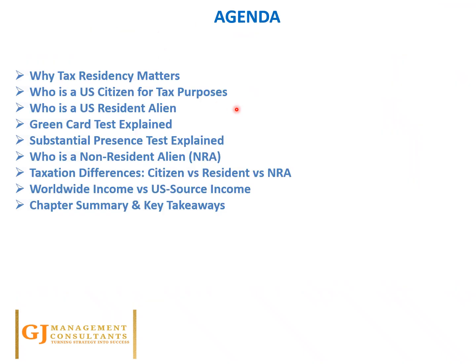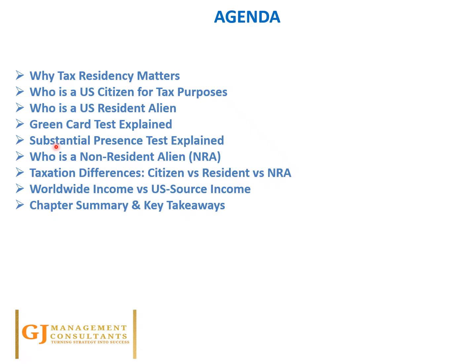Okay, so now we'll quickly have a look at the agenda that we're going to cover as a part of this chapter. We're going to cover the concept of tax residency and why tax residency matters. We'll look at who is a US citizen for tax purposes, the concept of the US citizen as per the tax rules, who is a US resident alien, and the concept of the green card test and how it works.